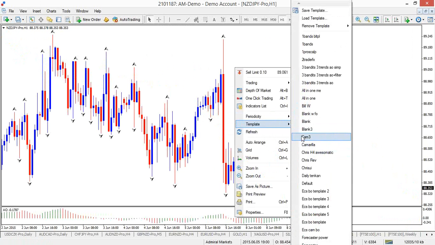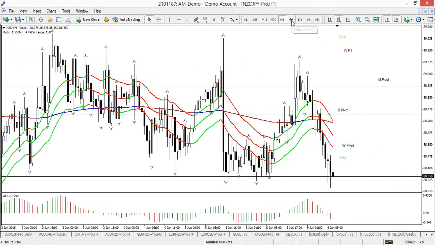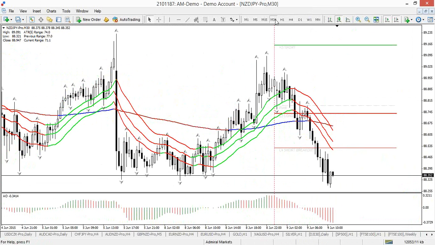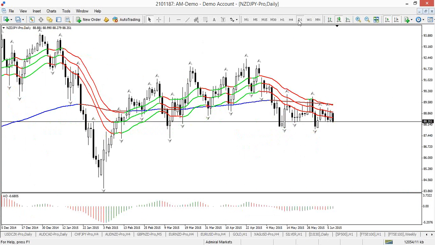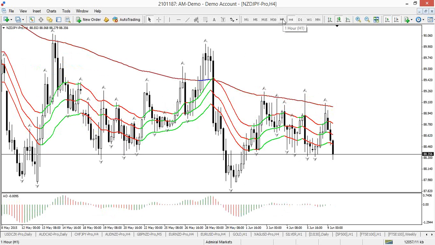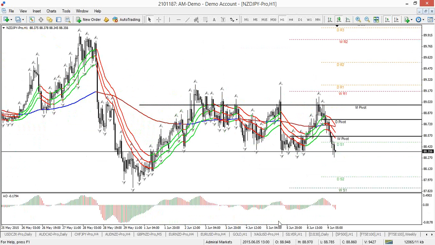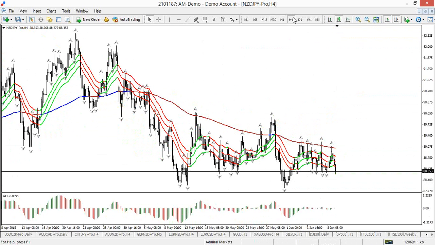This is the New Zealand yen. I have to get a bit of an idea what's going on. Didn't look at this pair the recent week. Let's see.